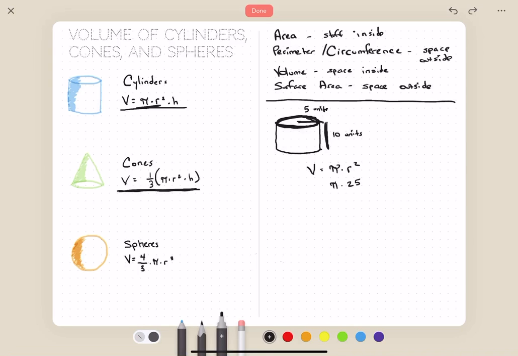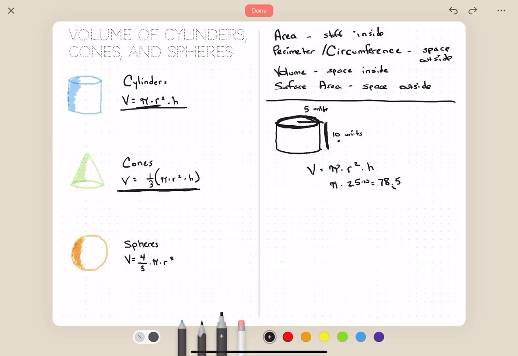So we've got pi times 25, so 3.14 times 25 equals 78.5. And then we're going to multiply that by our height, which is 10. Okay, so since it's pi times r squared times h, we're now going to multiply by 10.